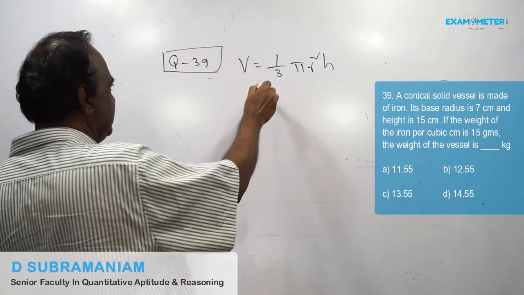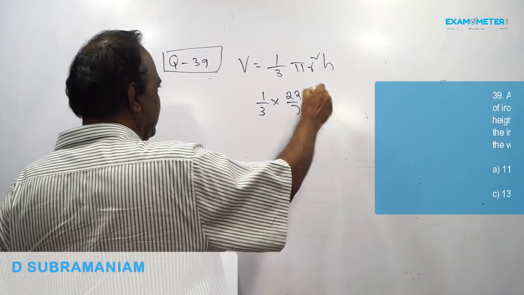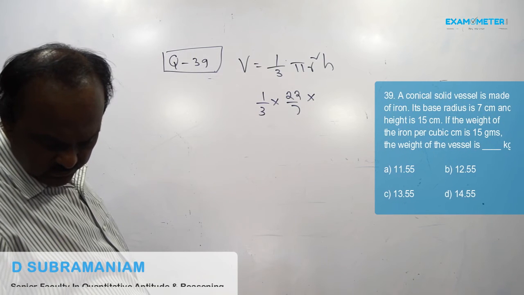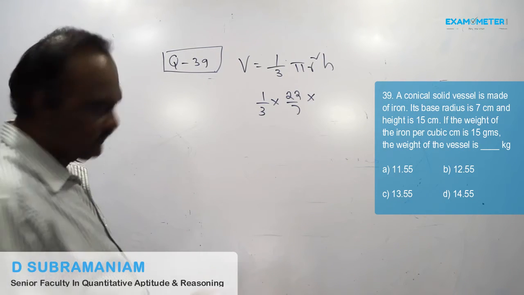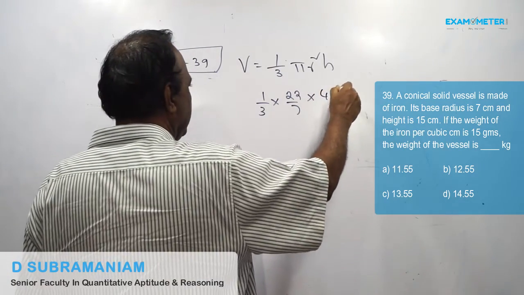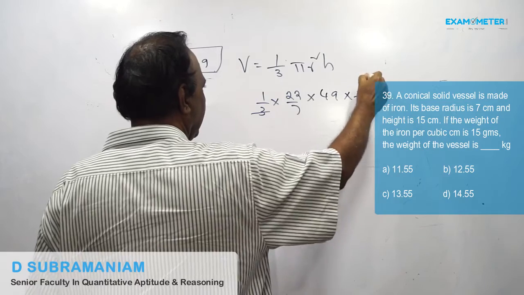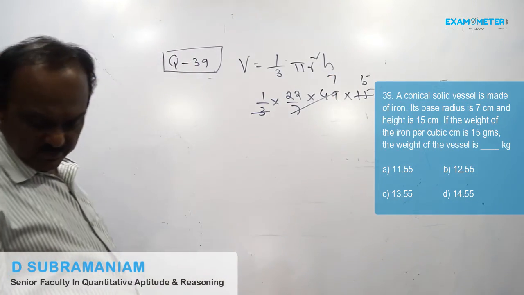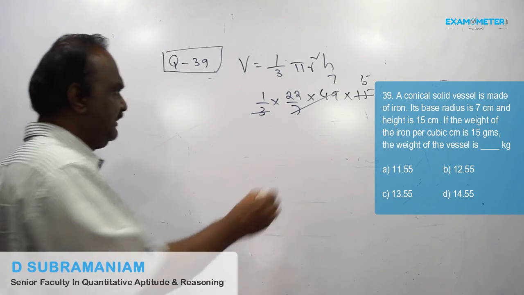This is 1 by 3 into pi value into radius 7, so 49, into 15. This comes to 770 cubic centimeters.